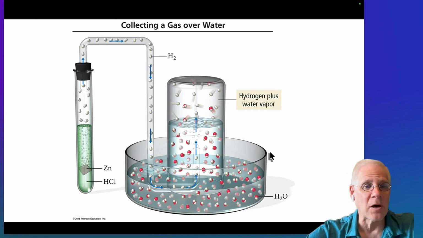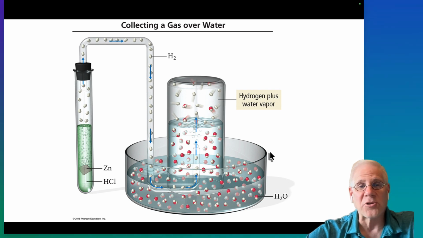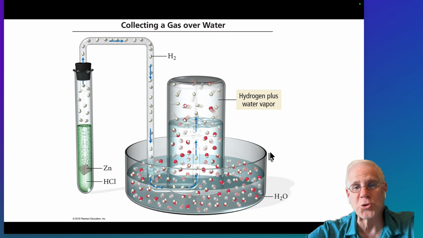So here's an example of when you might be taking a sample of gas over water. If you put zinc into hydrochloric acid, it's going to evolve hydrogen gas. In order to collect that gas, you generally run it through a tube and into a beaker that is filled completely with water. As the gas builds up, it displaces the water, and the water prevents the gas from escaping out the bottom.